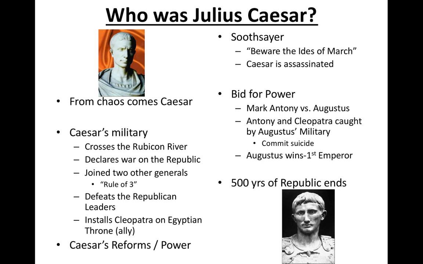And Antony and Cleopatra end up fleeing together and trying to get away from the powers of Augustus, who is actually Julius Caesar's young protege. And so Antony and Cleopatra end up committing suicide before Augustus's military can track them down. And Augustus wins the battle for power here, and he proclaims himself the first emperor of Rome.